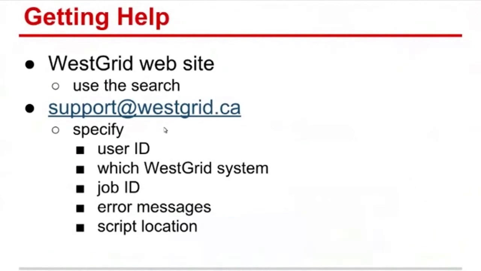The way our modules are set up, if you try to use a module and you're not allowed, it will say so. There is also some software where you have to agree to a license agreement before you're allowed to use it. So again, if you try to use something and it doesn't allow you, you can email support@westgrid, or look on our website about that software. Okay, thank you.